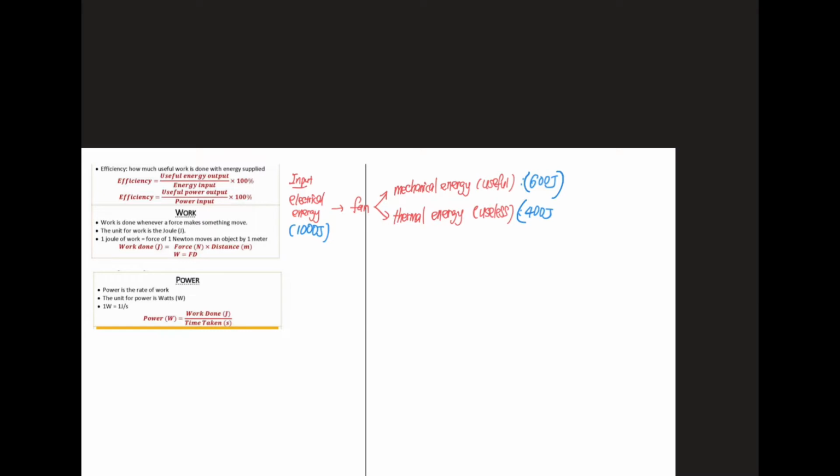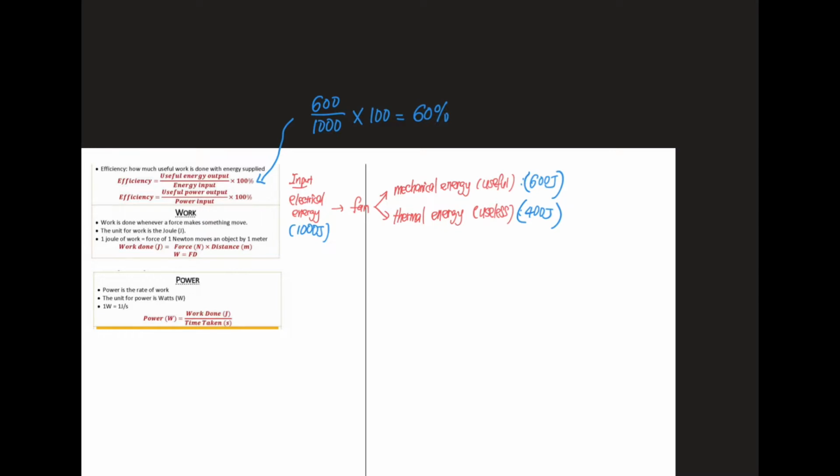Okay, so according to the efficiency formula, you have to put the useful energy output on top. The useful energy is 600. 600 over the energy input, which is 1000, multiplied by 100, then you get 60%. So the efficiency is 60%.